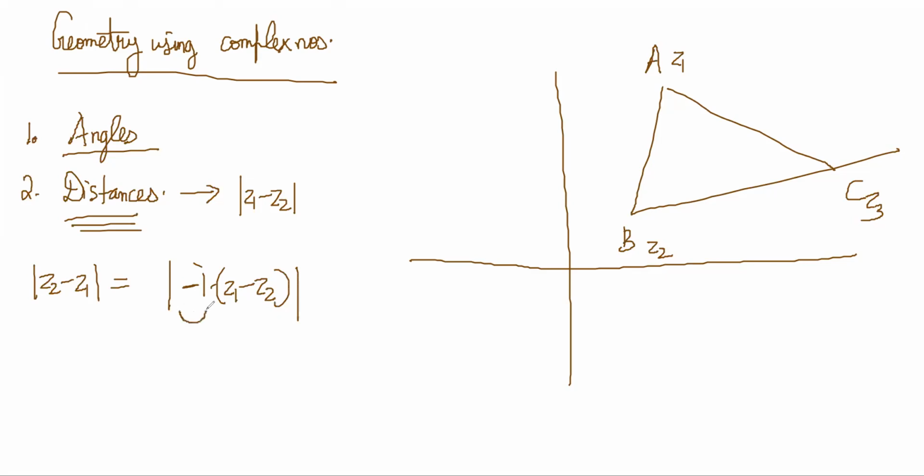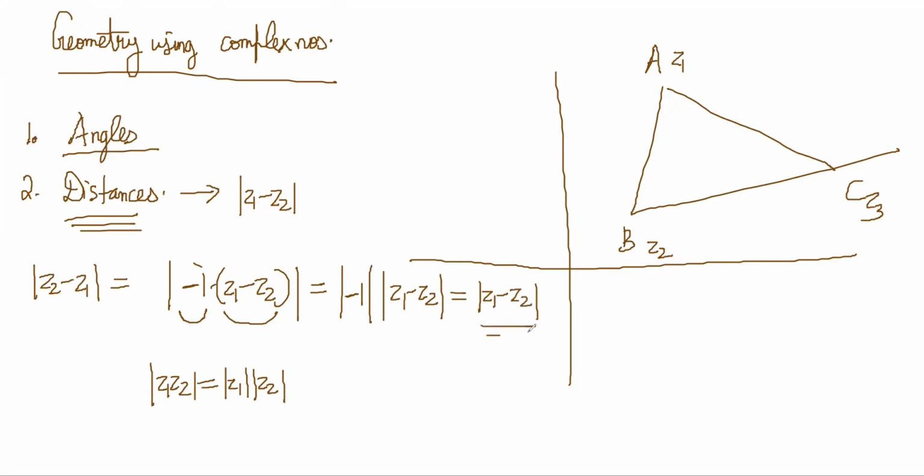You know the property that mod of z1 z2 is equal to mod of z1 into mod of z2. So minus 1 can be thought of as another complex number, and mod of minus 1 is 1. So mod of z1 minus z2 is the same as mod of z2 minus z1. Basically it is saying that line AB and line BA have the same length. So distances can be written quickly like this.